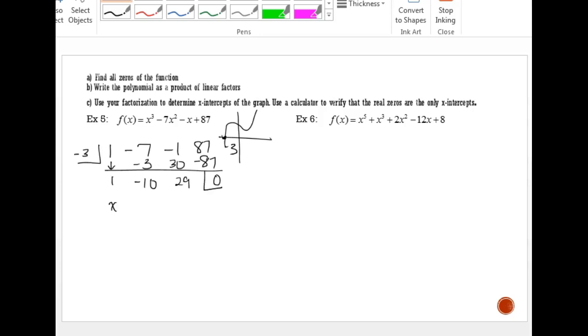Now, this is going to be x squared minus 10x plus 29. That does not factor, but we can do the quadratic formula real quick. So we'll have 10 plus or minus the square root of 100 minus 4ac, over 2a. So that's 10 plus or minus the square root of negative 16.